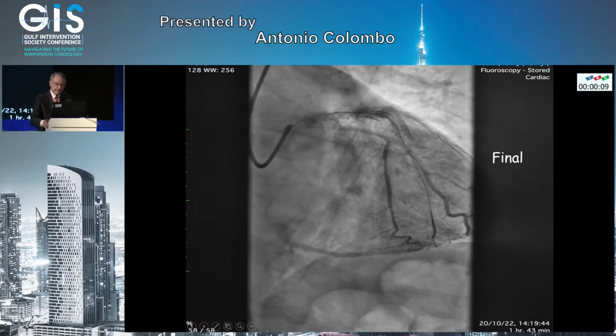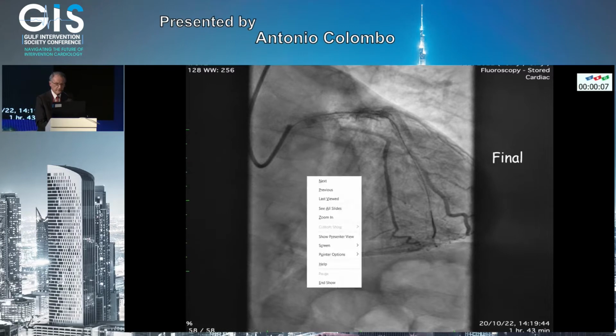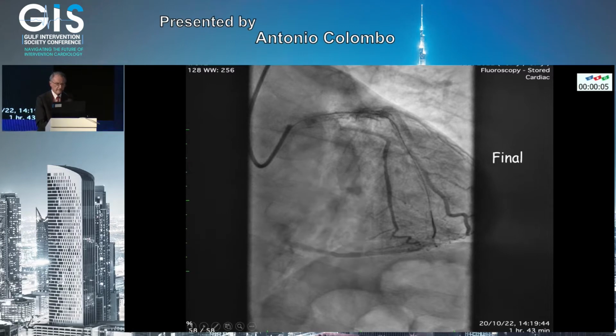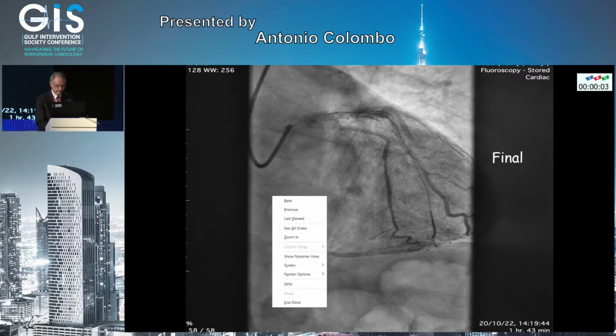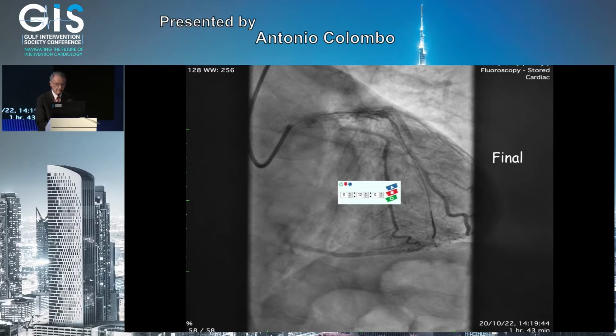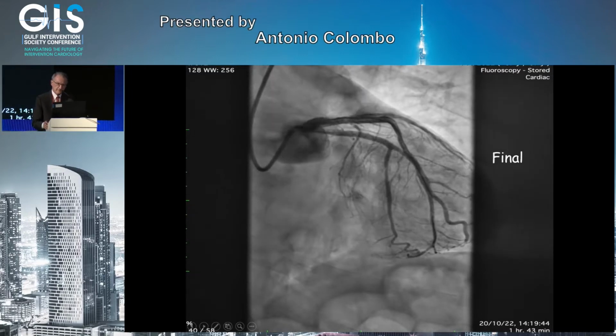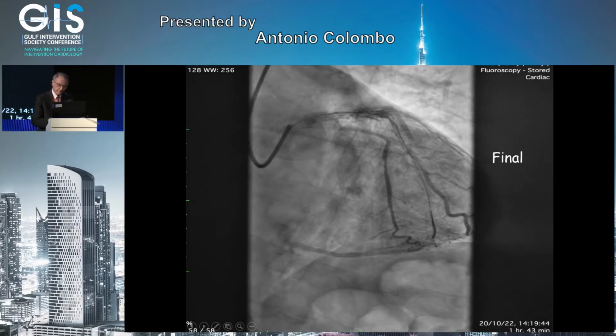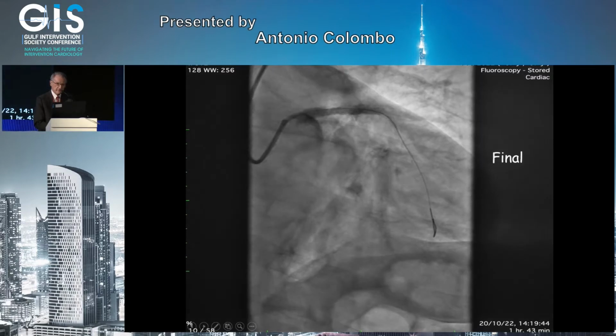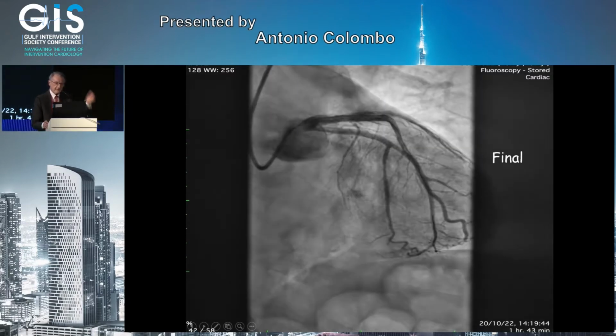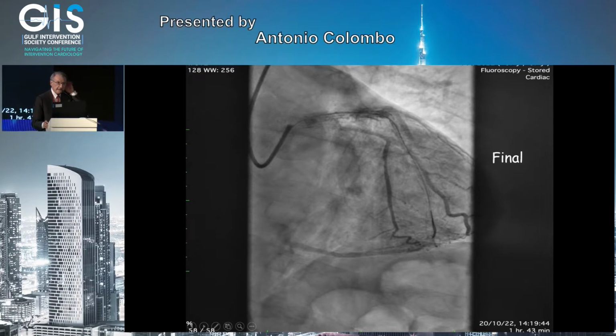There is still a dissection, but you see the lumen. The lumen is much better. The distal vessel is fairly large. So we went away with one single stent dilated at 4 millimeter, which is very encouraging, with excellent distal flow.